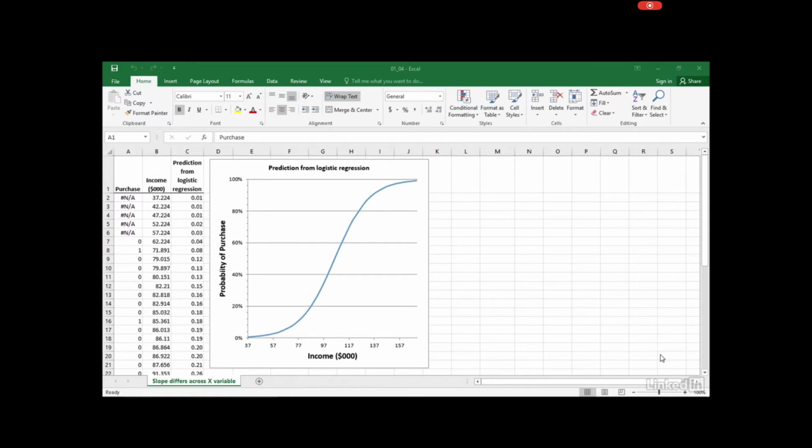The logic of the situation tells us that an increase in income of $20,000, whether you're at the low end of the scale or at the upper end of the scale, is unlikely to make much of a difference to your probability of purchase. However, in the middle of the income range, right around $100,000, say $97,000 to $117,000, an increase of $20,000 in annual income does apparently result in a fairly sharp increase in the probability of purchase, just as we would expect.